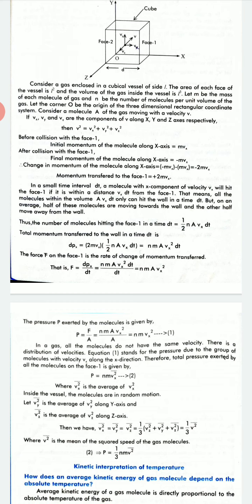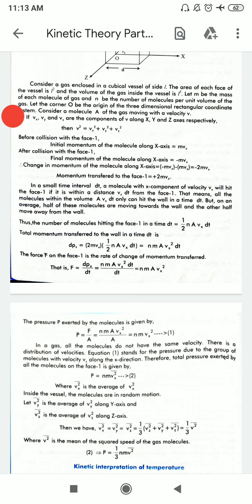Then all the molecules within the volume A Vx dt can hit the wall in the small time dt, but on average half of these molecules are moving towards the walls of the container and half are moving away from the walls.